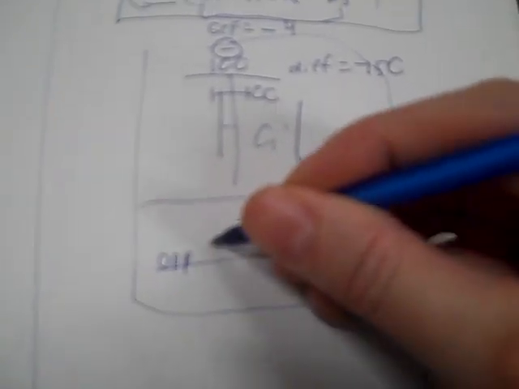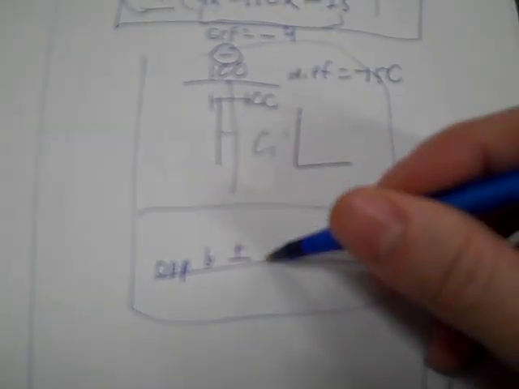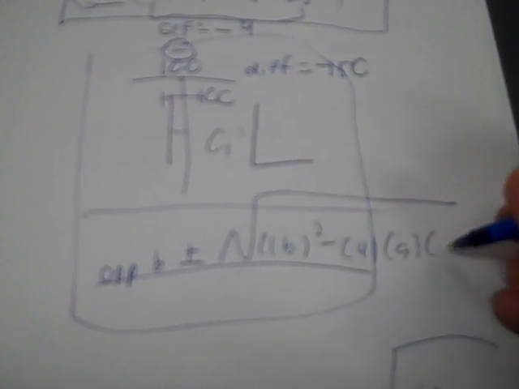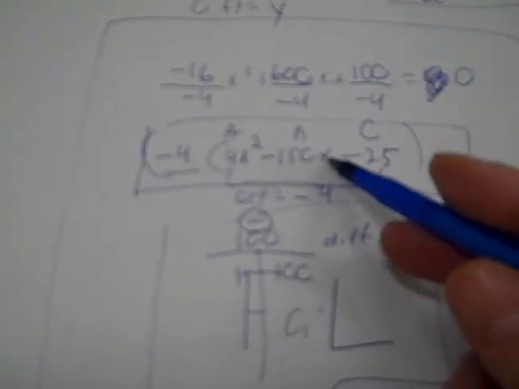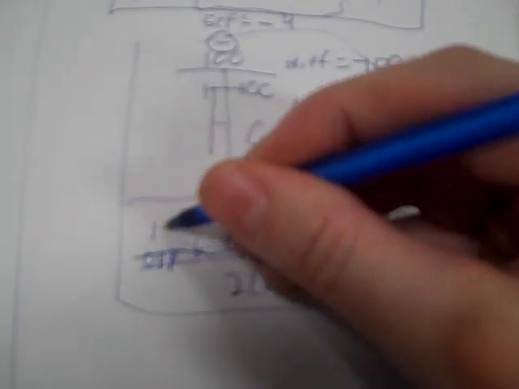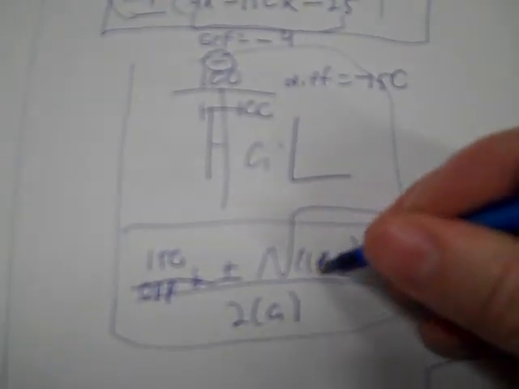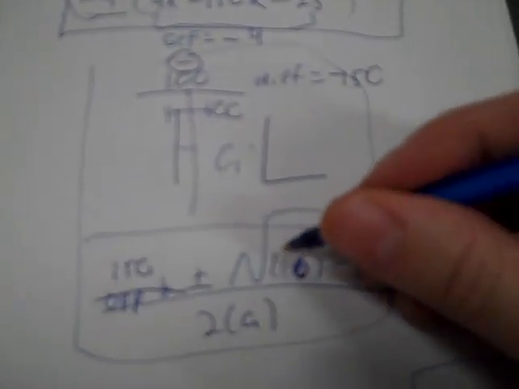So, opposite of B, plus or minus the square root of B squared minus 4AC, over 2A. So the opposite of B would be positive 150. B itself would just be negative 150, but it's to the second power.